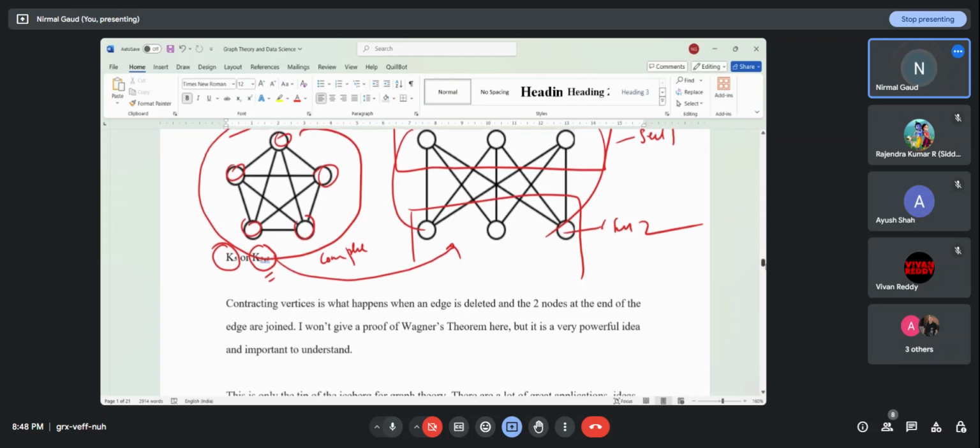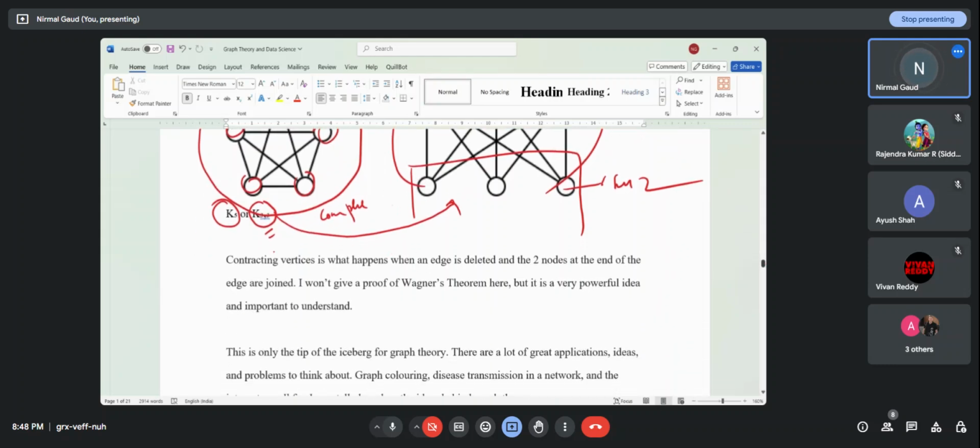Okay. So it says that contracting vertices is what happens when an edge is deleted from the graph and the two nodes at the end of the edge are joined.